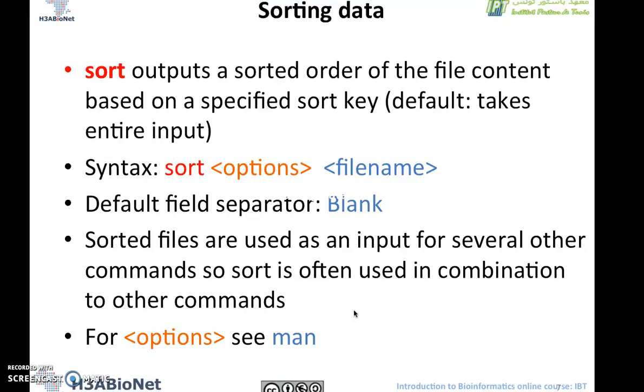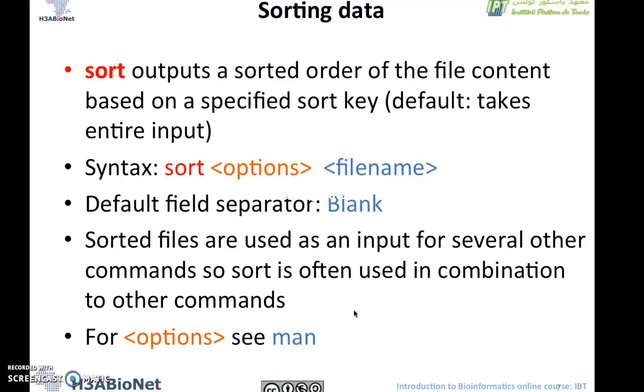By default, it's going to consider the entire input file. If you do specify a sort key, it's going to consider only the column that you specified, for example. You can specify the name, the age, the address, or whatever you would like.